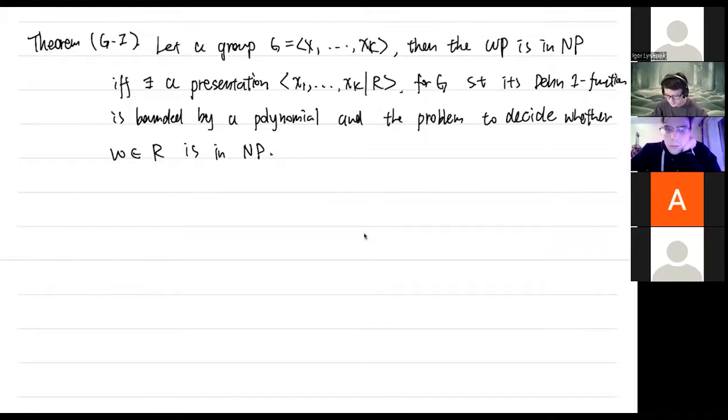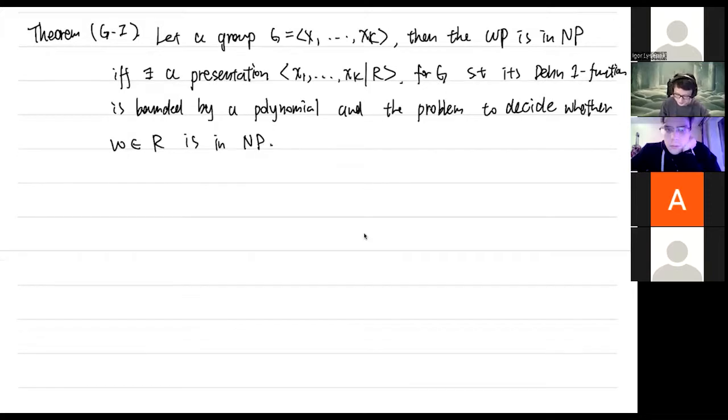Okay, so you can tell for the Dehn function we have: if you have a group whose word problem is in NP, you can embed such a group into a finitely presented group with polynomial Dehn function. That's the theorem given by Rips, Sapir, and Bridges.